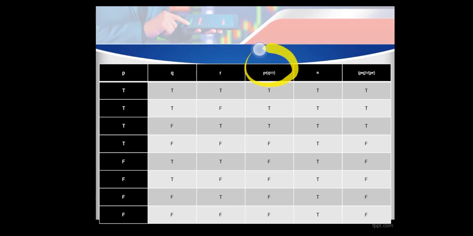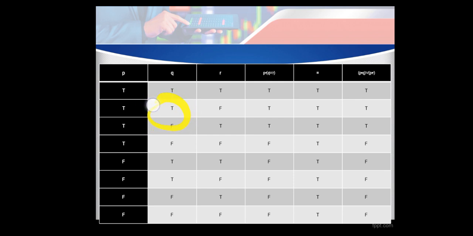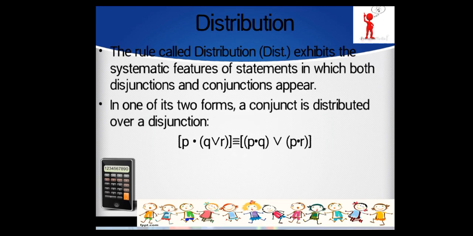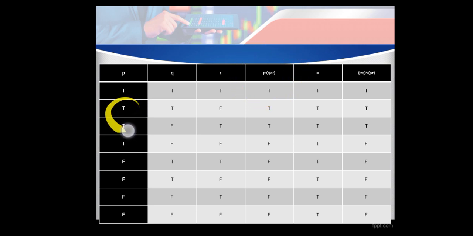We will first find the value of Q or R. For Q we have T, and for R we have F. Since this is OR, we will find the maximum value, and the maximum value of these two is T. If we find P and Q, we will find the minimum value because that is AND. Since this is T and this is also T, the answer is T. The answer of this one is also the answer of this one because they are equivalent to each other. So that is distribution.